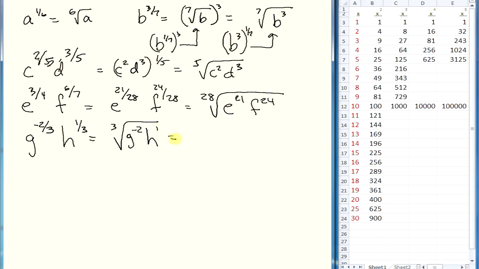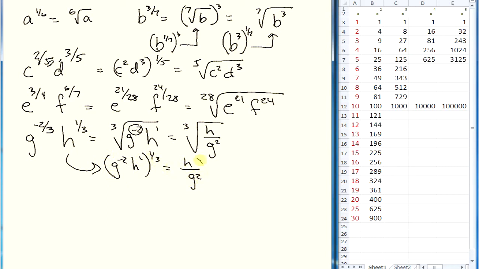But the key part is, because of the negative exponent, I think you'd be better off looking at it as the cube root of H over G squared. Now you could have done that immediately back here if you would have thought of G to the negative 2, H to the 1, raised to the 1/3, and then written that immediately as H over G squared raised to the 1/3, and you would have gone back to this result.